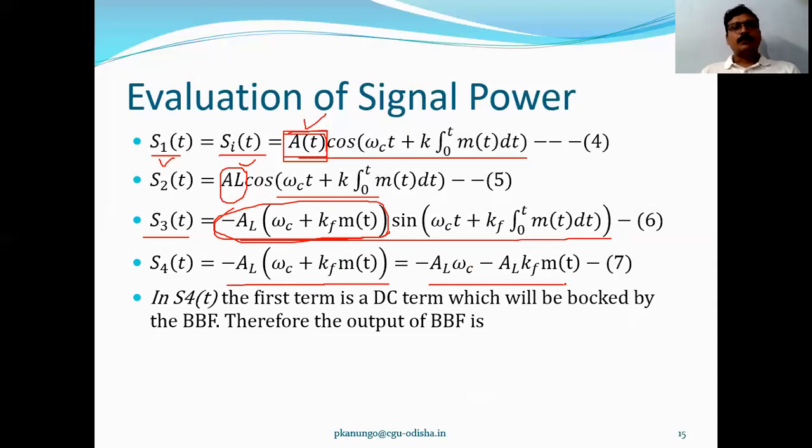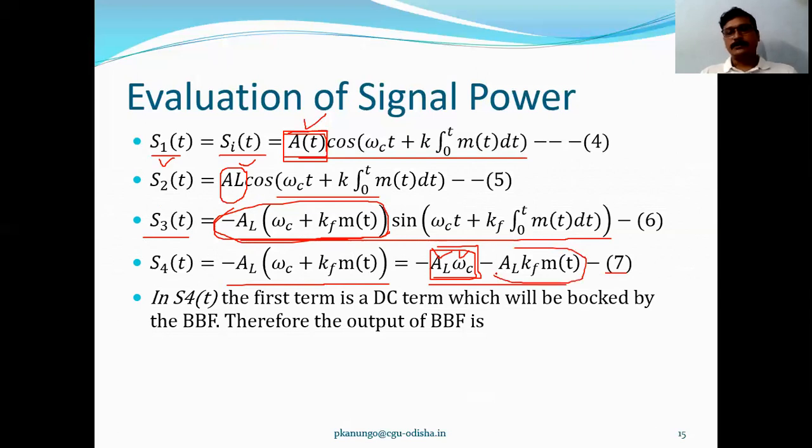Now S4(t), the first term in equation 7, has a constant amplitude, and the carrier frequency, which is here the IF frequency, is also constant. So this term is a DC term, which will be blocked by the baseband filter. The baseband filter basically blocks the DC term, so only this will be the output of the baseband filter.